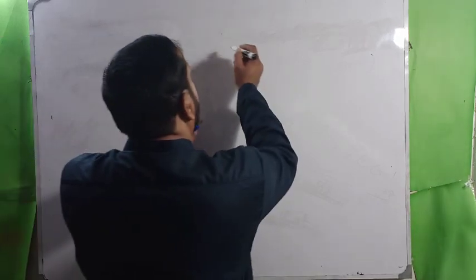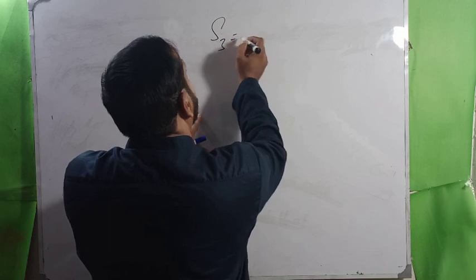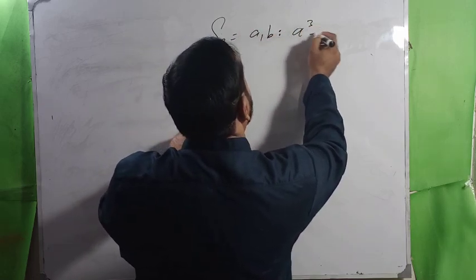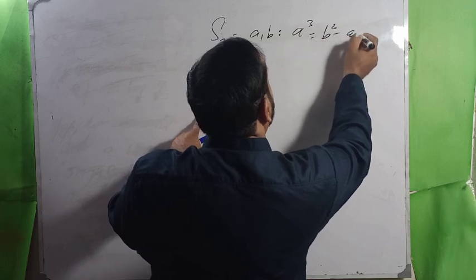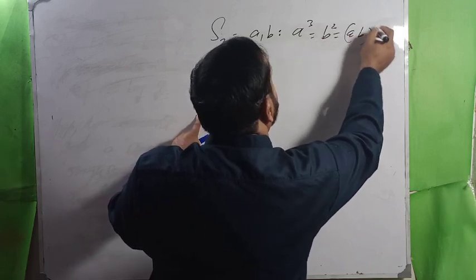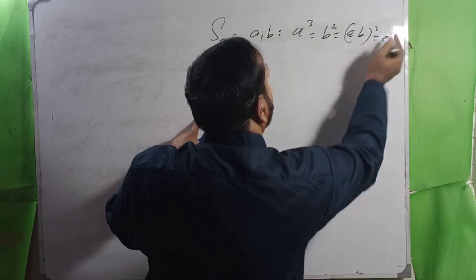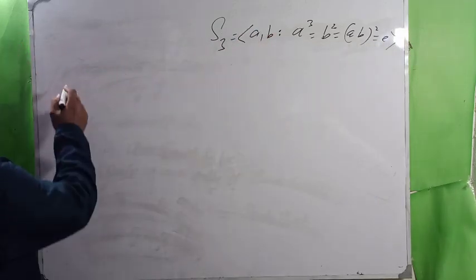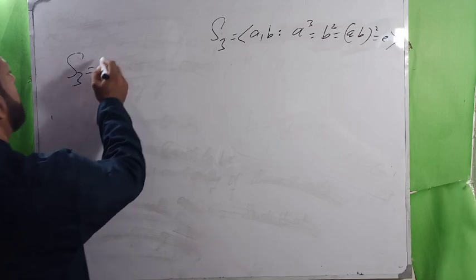Okay, take an example of the group S3. You know S3 is generated by a and b such that a cube is equal to b square is equal to (ab) square is equal to e. If you expand this, S3 can be written as follows.